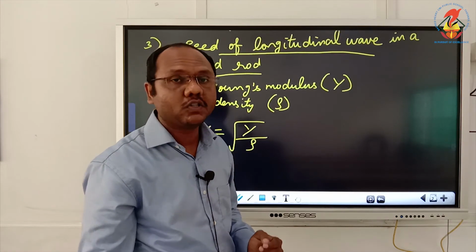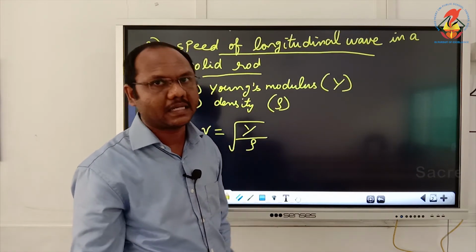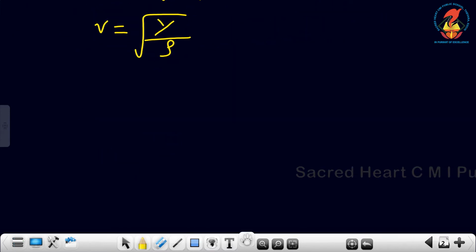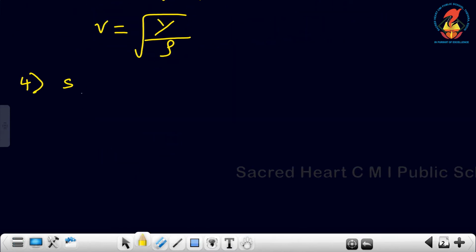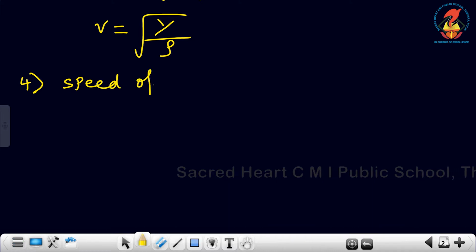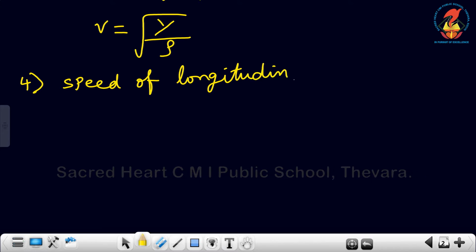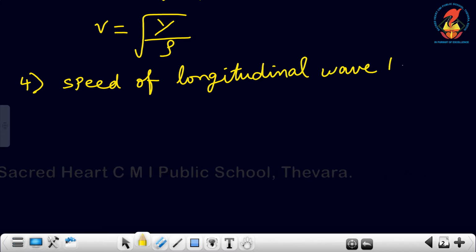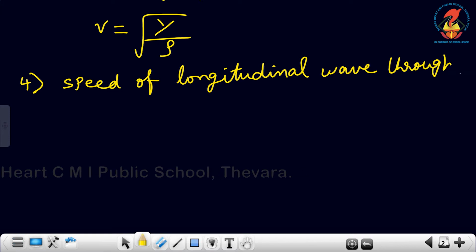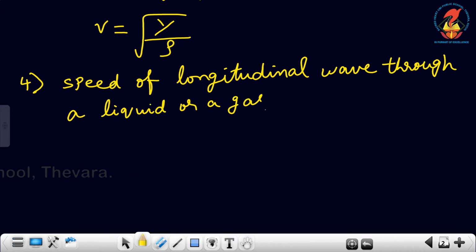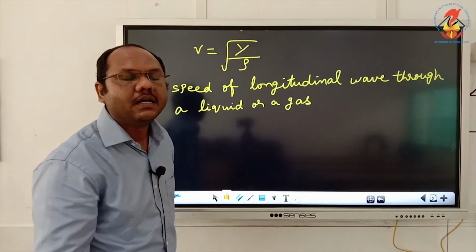Now, the fourth one: speed of longitudinal wave through a liquid or a gas.